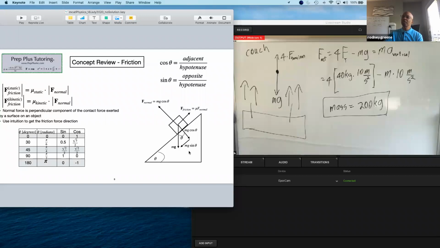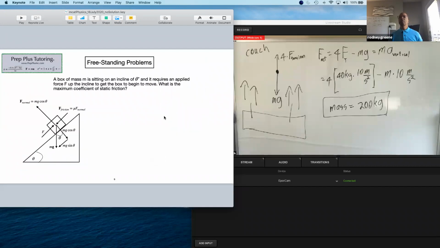And then we can use the sines and cosines to decompose these forces in directions along the incline and perpendicular to the incline. And I think I have an example on the next slide. Fortunately, I have the correct arrows here.